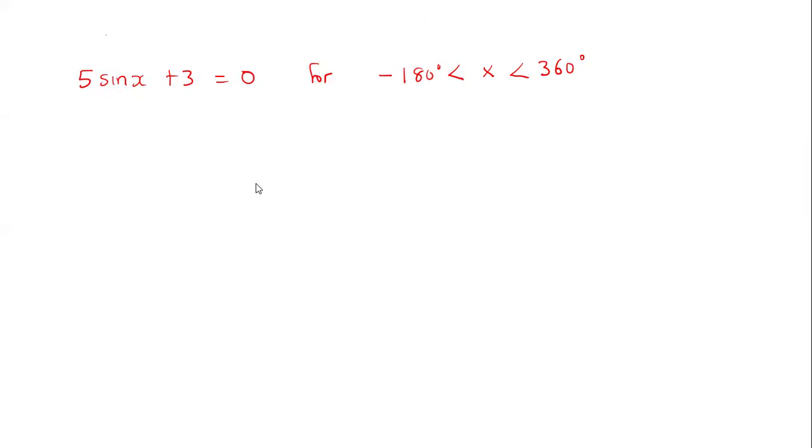Good morning, sir. Morning. Take us through the first step. So 5 sine x plus 3 is equal to 0. I'm not very sure about the first step. No, first make sine x the subject for us.